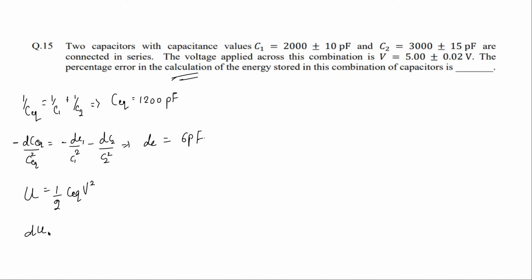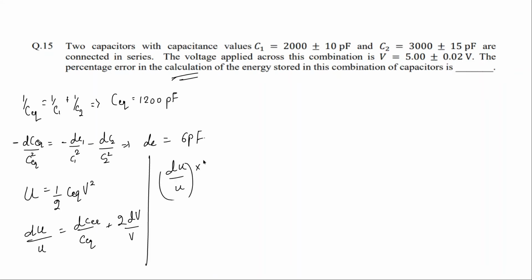So you differentiate this: dU by U is equals to DC equivalent by C equivalent plus 2 dV by V. Okay, and now if I just substitute the values, we have to calculate the percentage error, so I'll multiply this dU by U with 100%, which is equals to 6 by 1200 plus 2 into 0.02 over 5 multiplied with 100%.